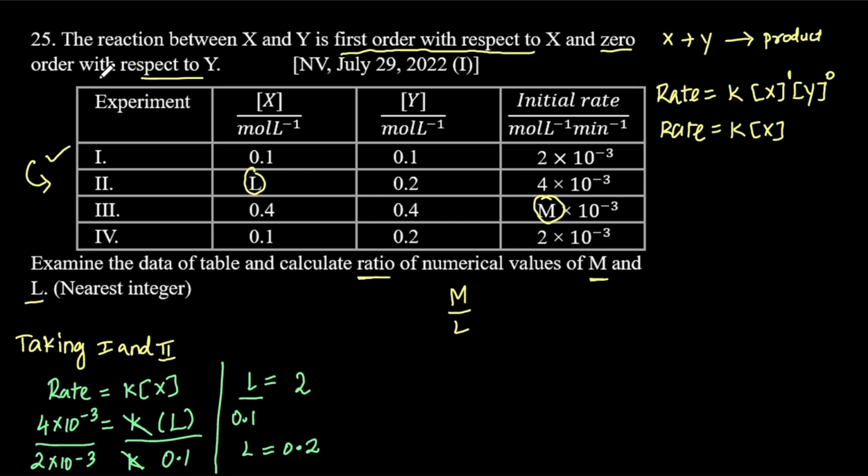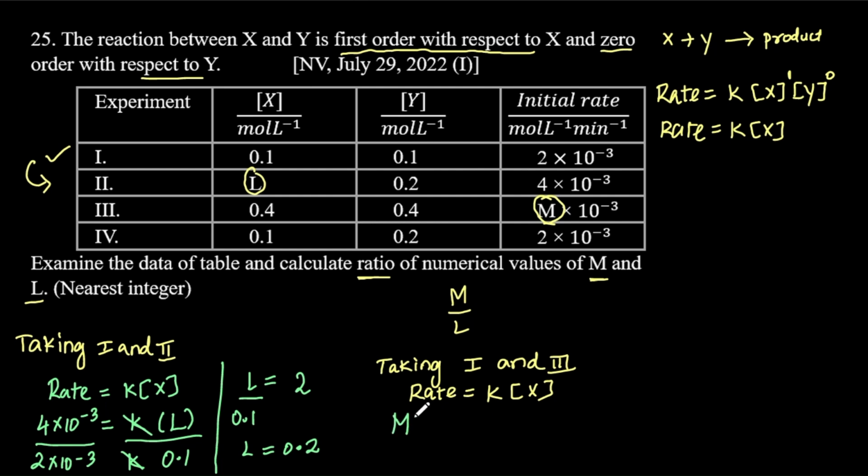Now let us take the next row, third row. In third row only we are having M. So now we are taking first row and third row, 1 and 3. So you have to divide in the same way, because we already found for this reaction rate equal to rate constant into concentration of X. So in third row the rate is M into 10 power minus 3.